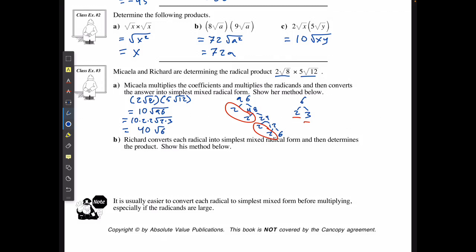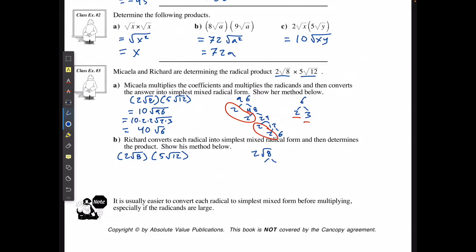Richard converts each of the radicals into the simplest mixed radical and then determines the product. So he started with 2 root 8 and 5 root 12. And then he's going to convert the 2 root 8.